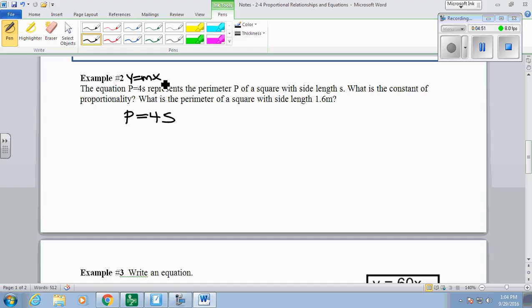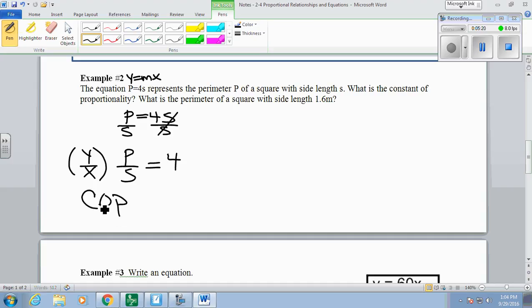Instead of having a variable where the m is, they have a 4, which is not a big deal. So what we're going to do is solve for the 4. We're going to divide by s on both sides, and we have now that p divided by s equals 4. That's really the same thing as y divided by x. So the constant of proportionality, the COP, is 4.